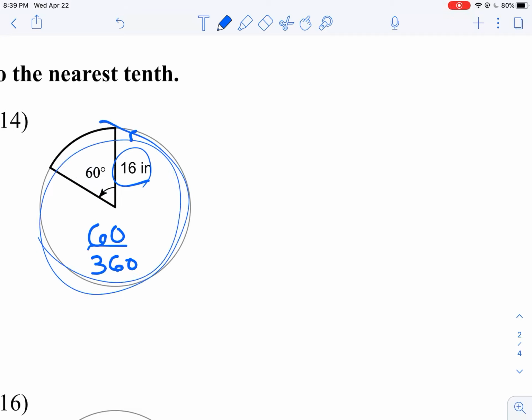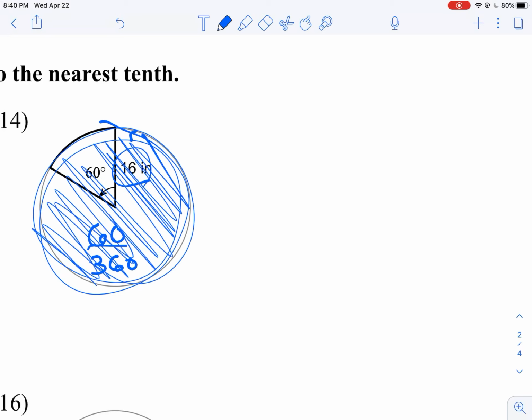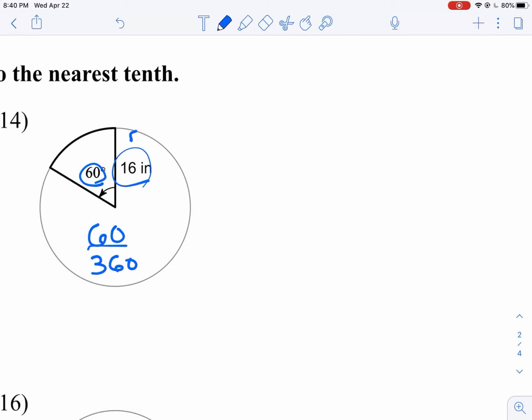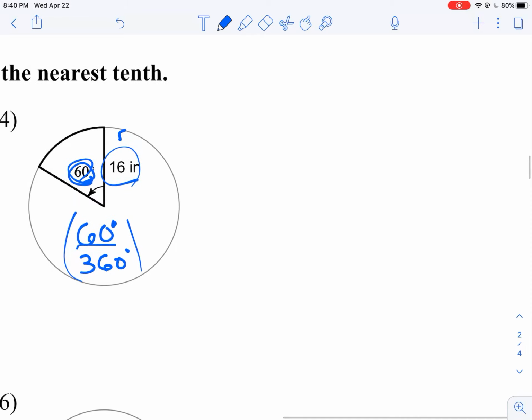If I just did the regular area formula, that would be the area of this whole pizza. But since I want to find this little pizza slice, I want to find 60 out of 360 degrees of my pizza, the fraction of the pizza I want.